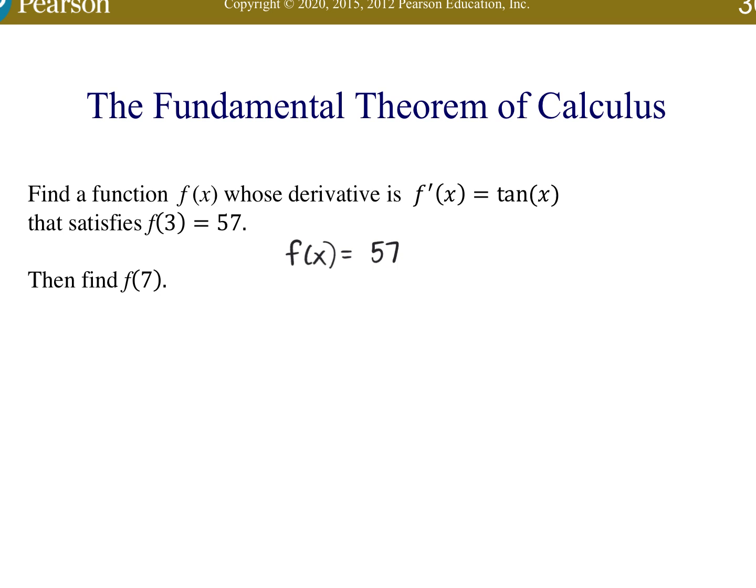Antiderivatives can be parallel, lots of different antiderivatives, but this specific one we want has to go through the number 57. So we'll start with 57, and then from 3 to some ending value, we are going to accumulate area under tangent of x.